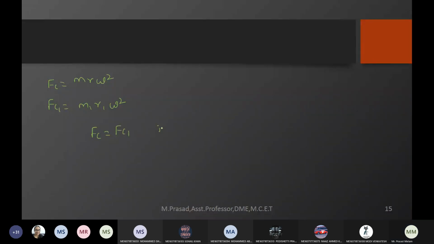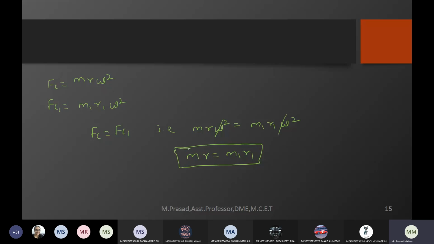That is, m into r into omega square equals m1 into r1 into omega square. Since the rotation of the shaft is common, omega square will go away. The condition for balancing is m r equals m1 r1. That is the first equation we are deriving.